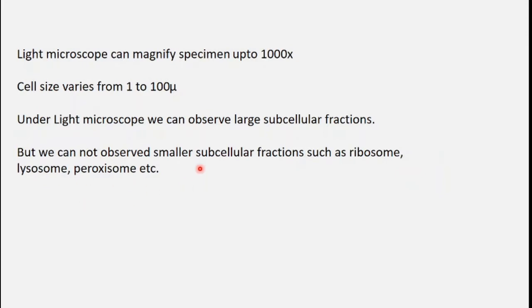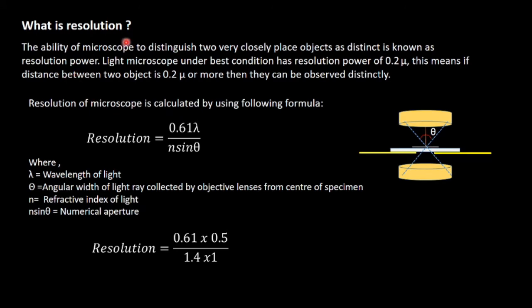However, the light microscope is not sufficiently powerful to reveal the fine details of cell structures such as ribosomes and the supporting cytoskeleton of the cells. This is due to the limitation of the resolution of the microscope.